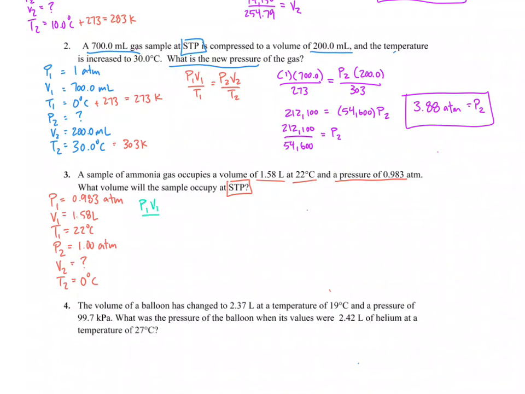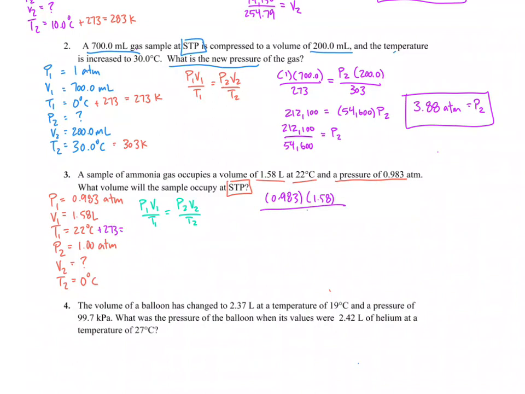P1 times V1 over T1 equals P2 times V2 over T2. So now we'll plug in our values. So for P1, my original pressure, I had 0.983. My original volume was 1.58. And my starting temperature was 22 degrees Celsius. Now, I almost forgot, we've got to convert these to Kelvin.